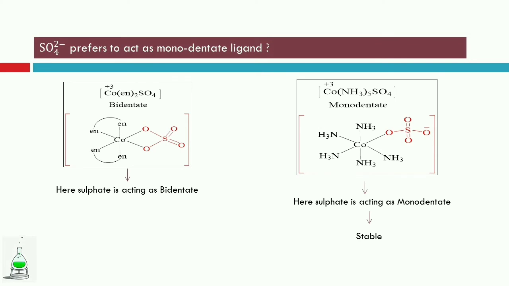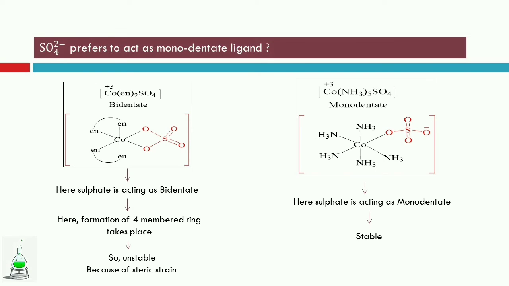So when this sulfate ion acts as a bidentate ligand, it is going to make a 4-membered ring including cobalt. So the 4-membered rings are quite unstable. It is because of the steric strain. Hence, sulfate ion always prefers to act as a monodentate ligand.